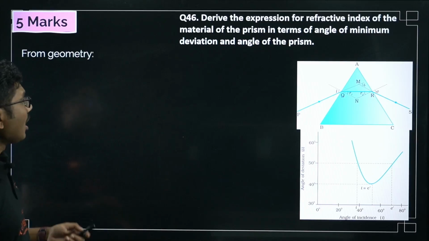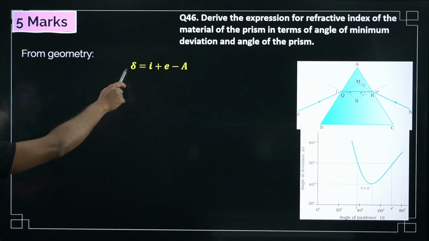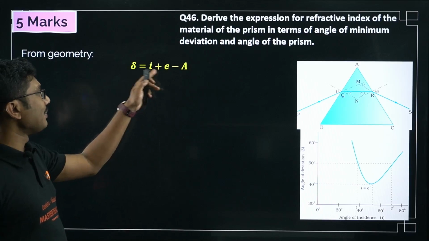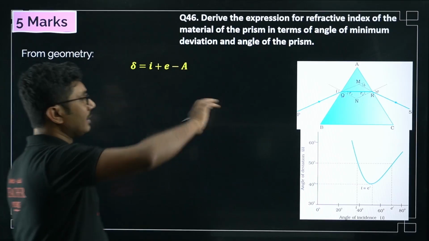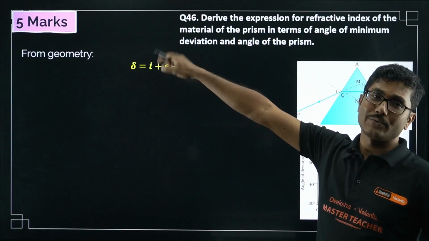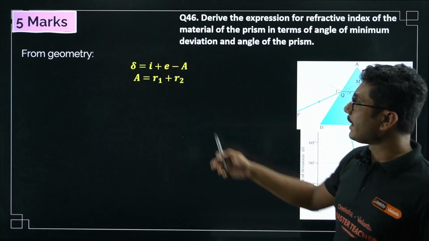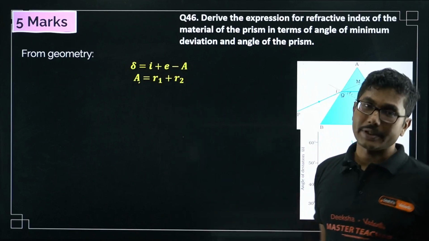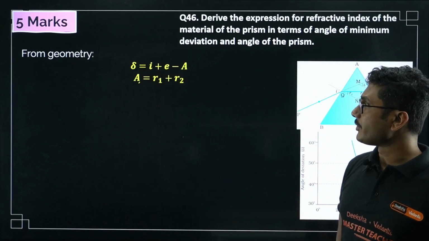From there you have to write, from geometry we can write delta equals i plus e minus A. Okay, the geometrical explanation if you want to give, that is fine, but this you have to write. And then again A is equal to r1 plus r2. These are from geometrical derivations.